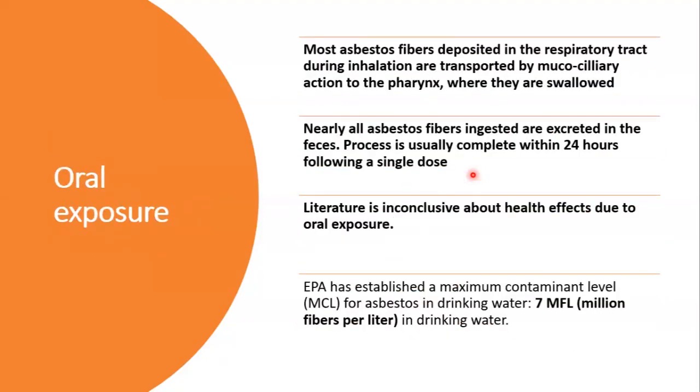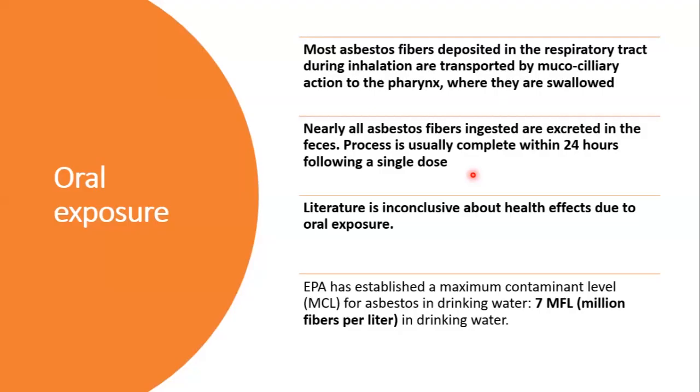For oral exposure, again, I did mention the fact that most of the asbestos that we inhale is transported by the mucociliary action to the pharynx, where it is swallowed. All right. The health effects of ingesting asbestos are somewhat inconclusive.